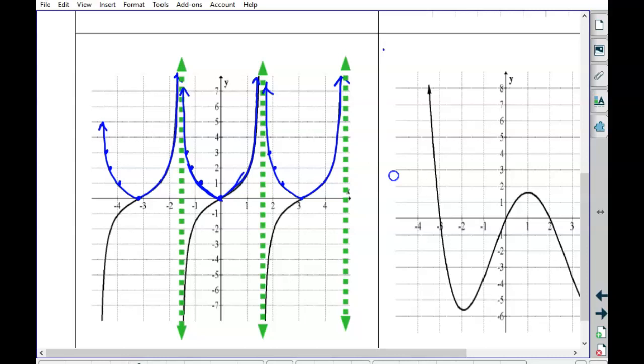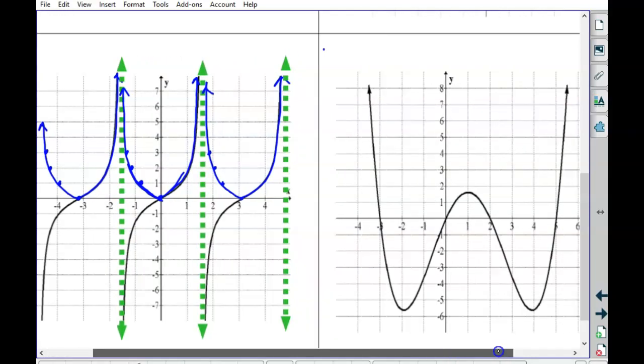And then the last one here. So parts that stay the same are anything that's above the x-axis or on the x-axis. Okay, and then these will be reflected up.